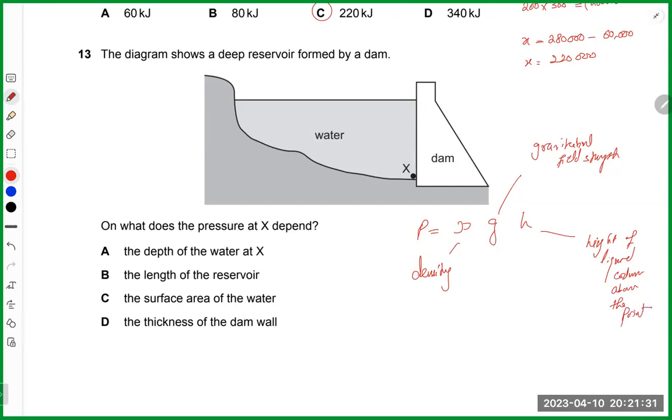So out of these three, if anyone is in the list, that would be the answer. The depth of water at X, that can be. The length of the reservoir, nope. The surface area of the water, nope. Thickness of the dam wall, nope. So the answer is A.